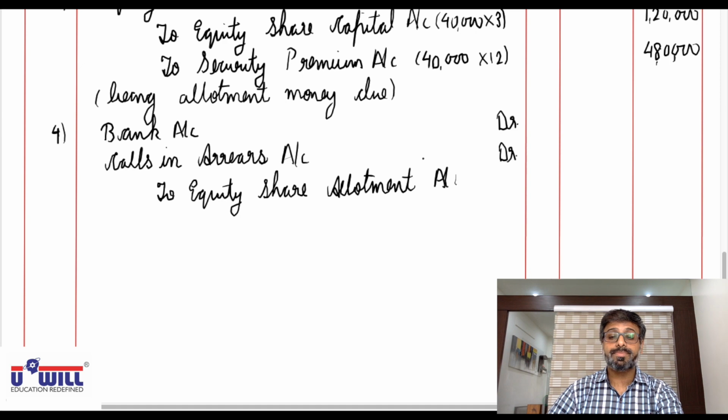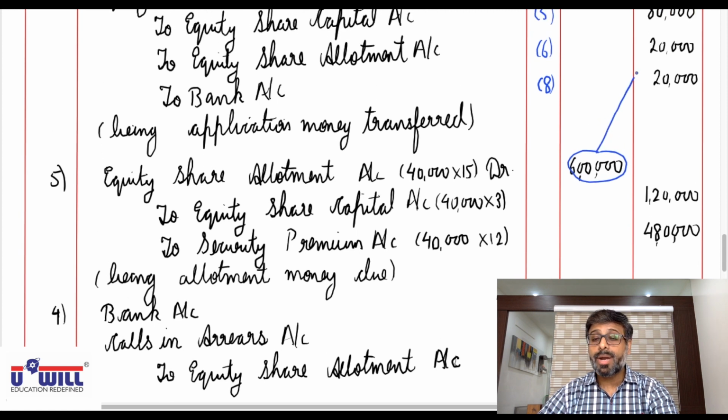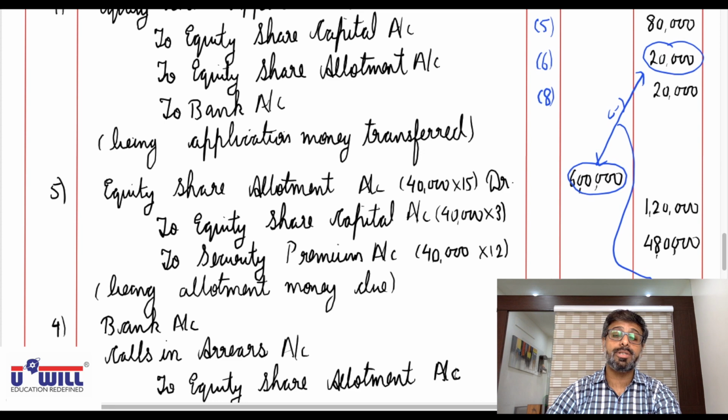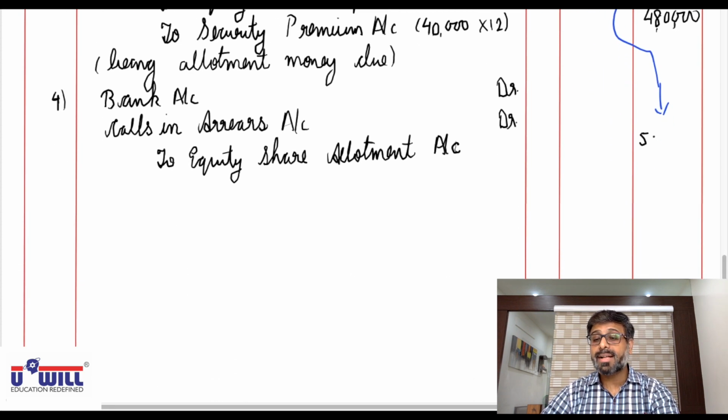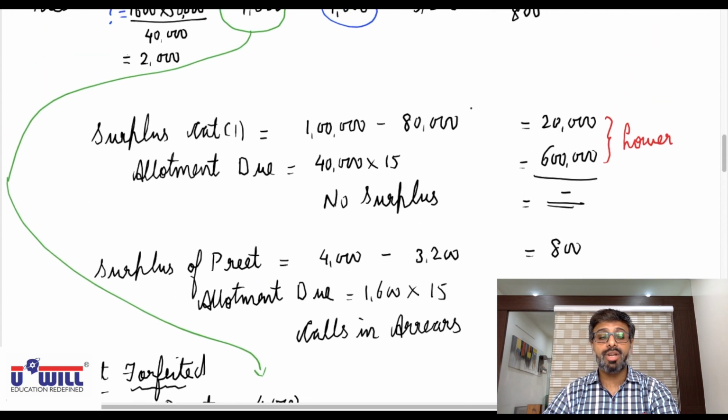Now amounts: allotment 6 lakhs minus 20,000 surplus is already adjusted. So now we have to receive what amount? 6 lakhs minus 20,000, 5 lakh 80,000. 6 lakhs minus 20,000 of surplus is already adjusted. Calls in arrears, all of you look at this.